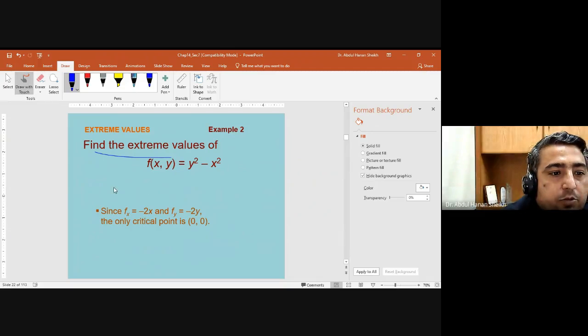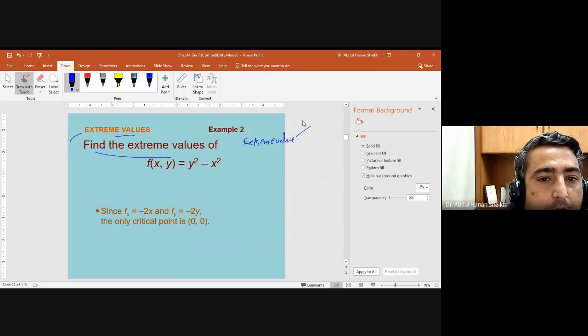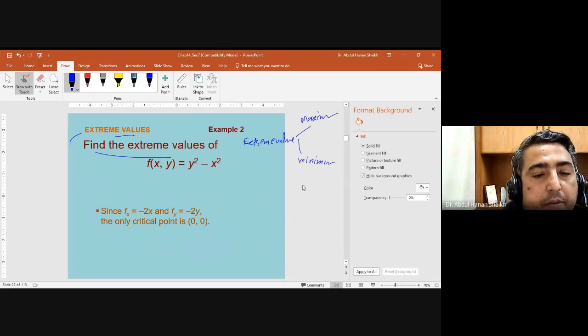Okay, another example: find extreme values. Now this is a new term, cool. Extreme values are maximum or minimum values. That can be both values.